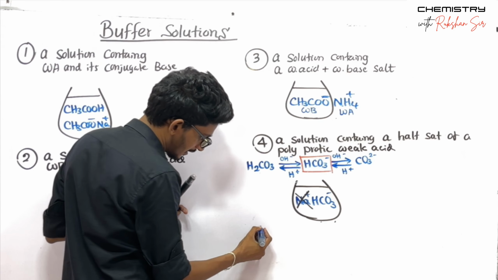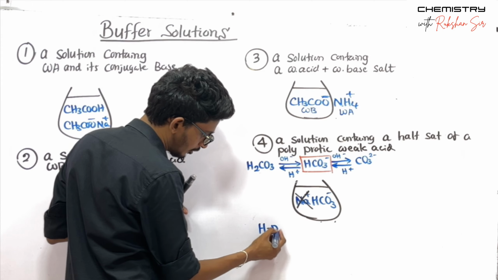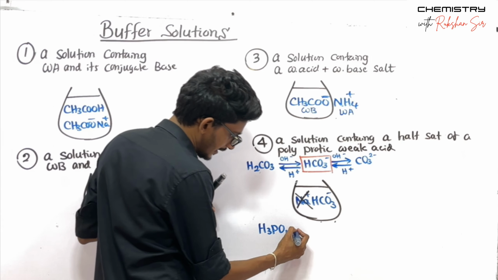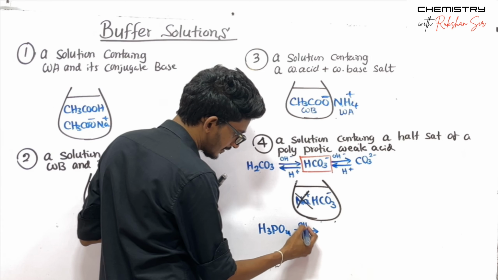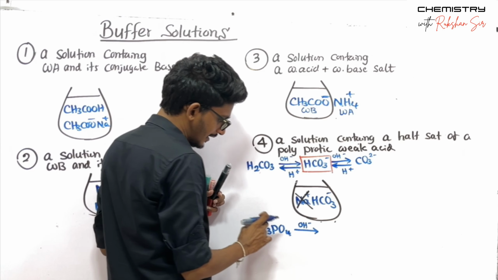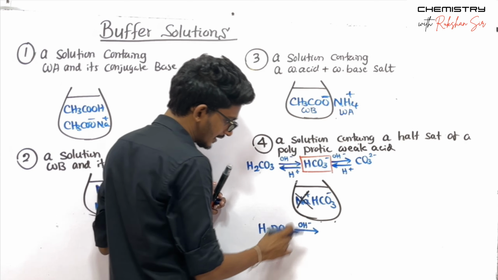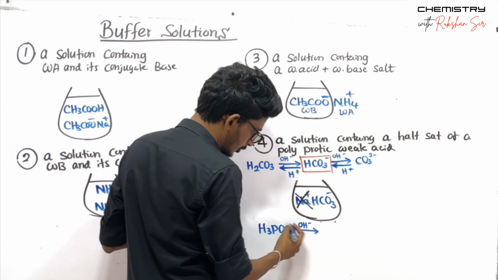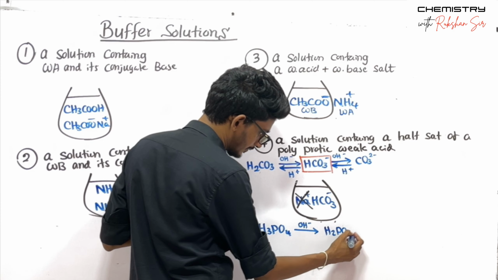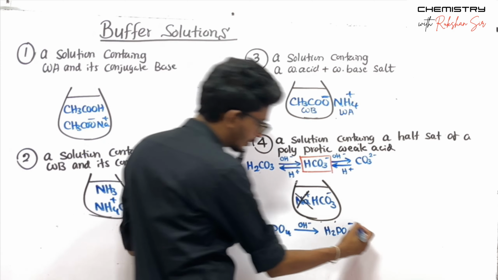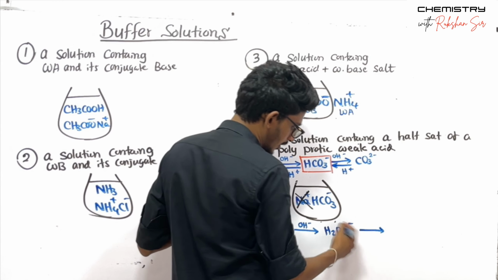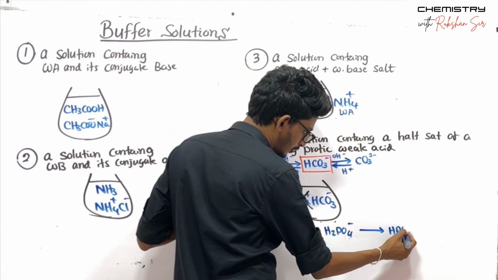What are those? H3PO4, which is a polyprotic weak acid, can neutralize OH minuses by giving off H pluses. The first H plus can be given off to utilize the OH minus, so as to convert to H2PO4 minus. Another OH minus can be consumed by this one to convert it into HPO4 2 minus.